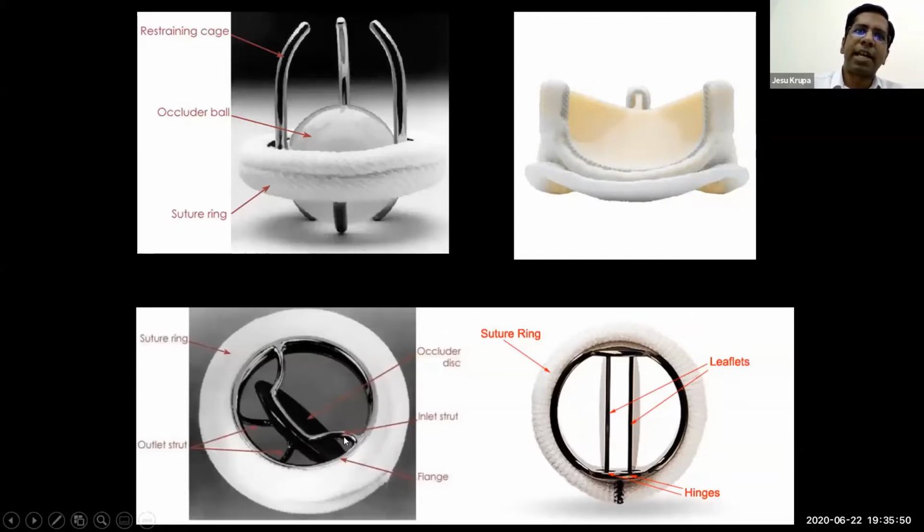And sometimes you can have breaking of the struts, fractures, etc. That is a single leaflet tilting disc valve. And this is a bileaflet valve where you have two leaflets like this. And then you have, of course, hinges. These are more like windows, if you can imagine. And this, of course, like I said, is a bioprosthetic valve, a stented bioprosthetic, because there is a stent, as you can see.